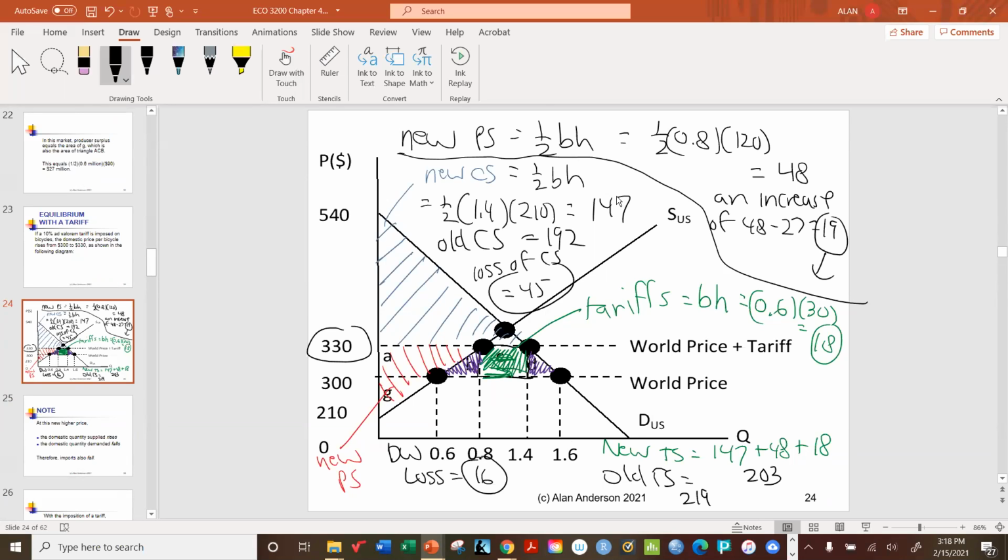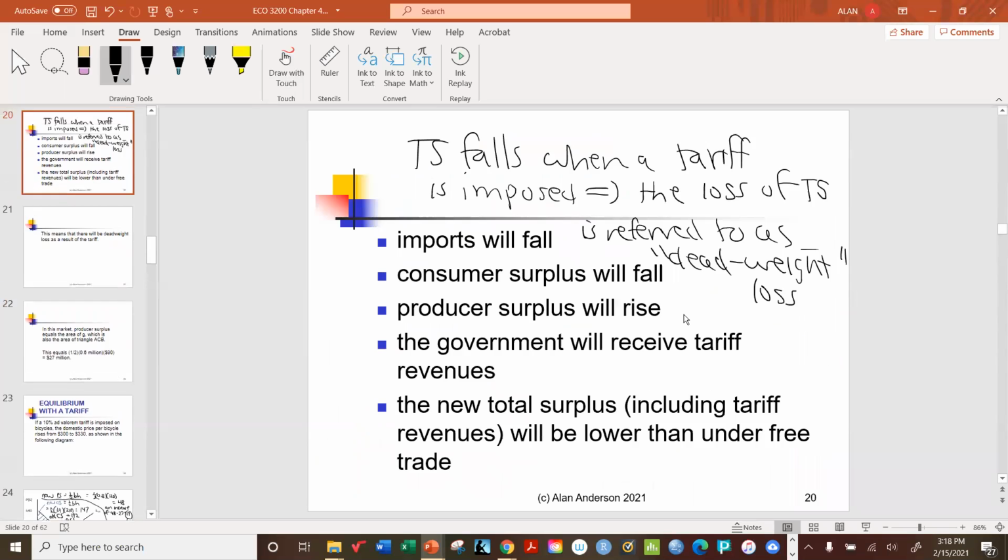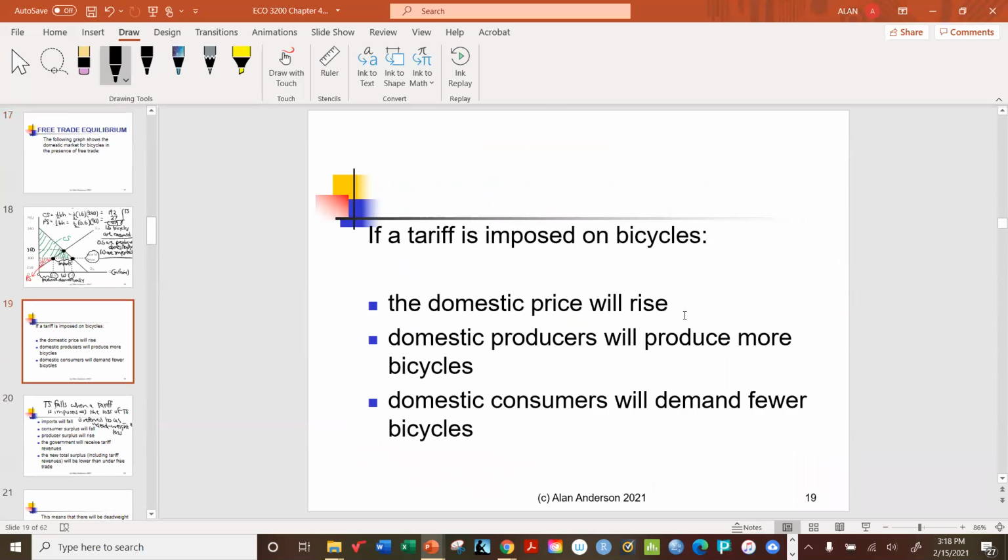Let's see, what do we have here? I've got the calculations right here.